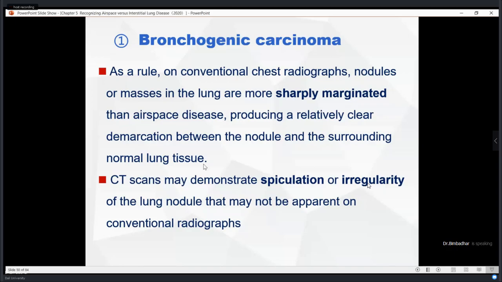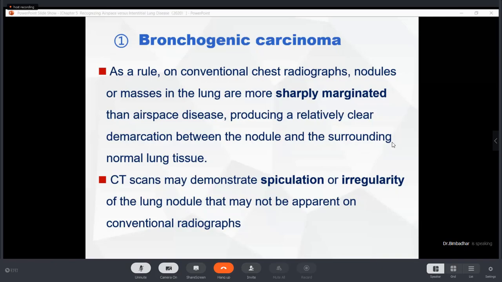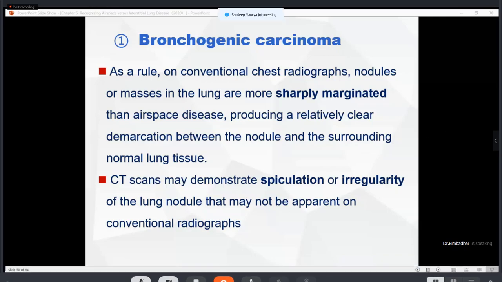And you have to remember there is a very particular sign on a CT, which is called the spiculation, the spiculated sign, or the pleural tail sign, or satellite lesion.